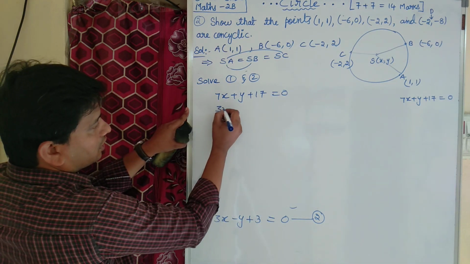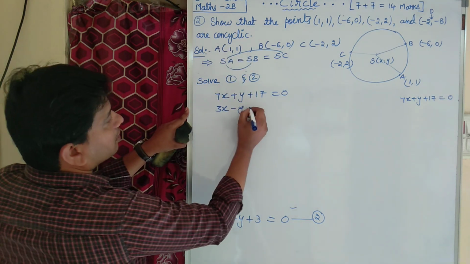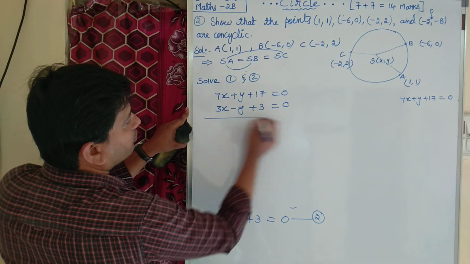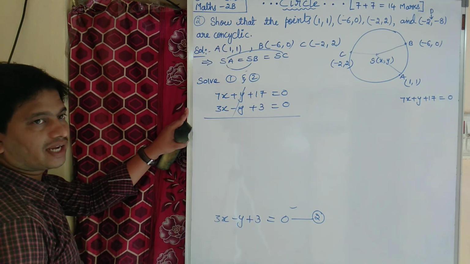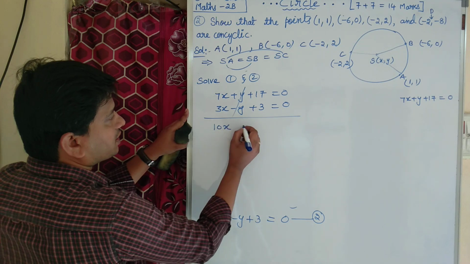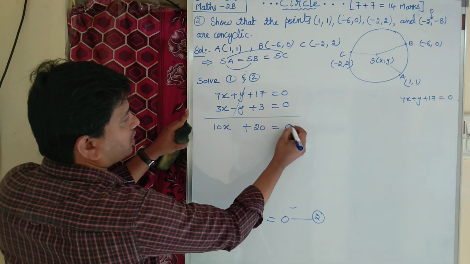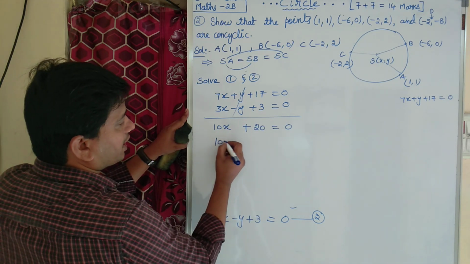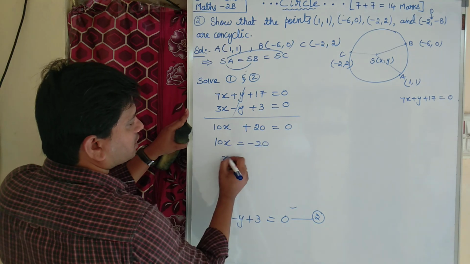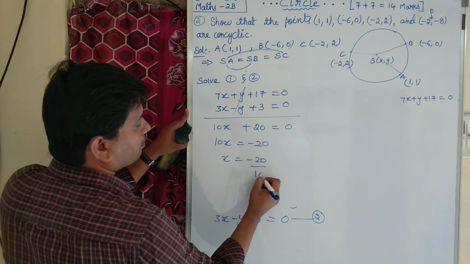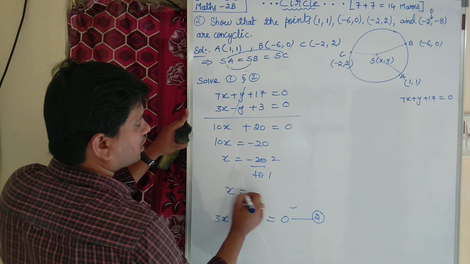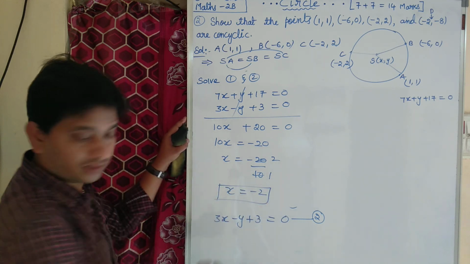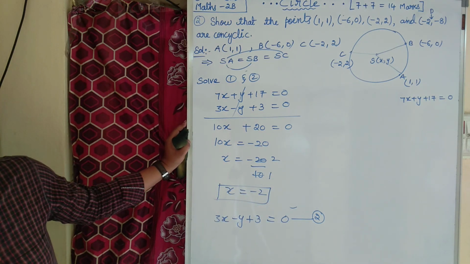Equation number 2: 3x minus y plus 3 equal to 0. We are adding here. Plus y minus y gets cancelled. 7x plus 3x is 10x, 17 plus 3 is 20. So 10x equal to minus 20, x equal to minus 20 by 10. So what is the value of x, children? The value of x is minus 2.